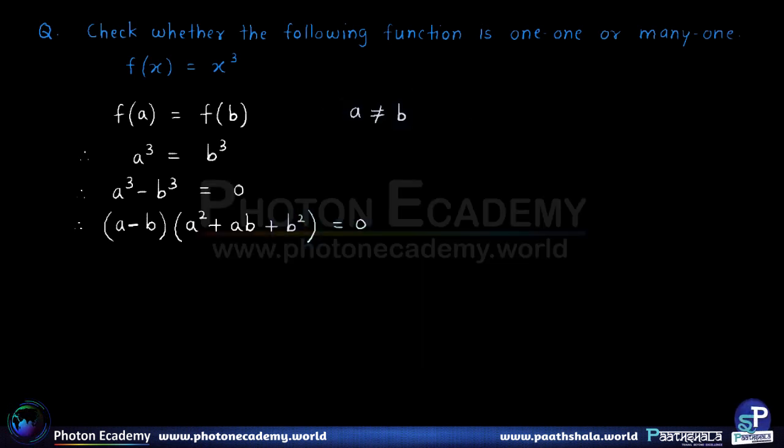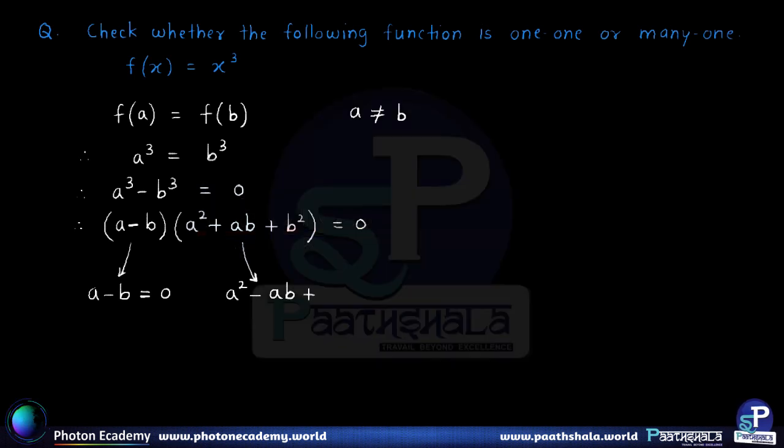Now here one conclusion is that a minus b is equal to 0, or the other conclusion is that a square plus ab plus b square is equal to 0.